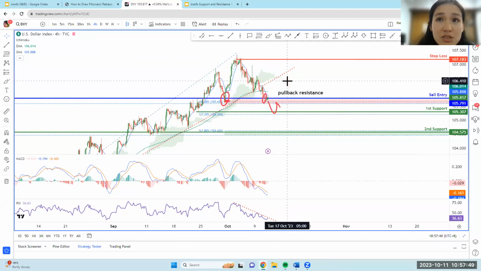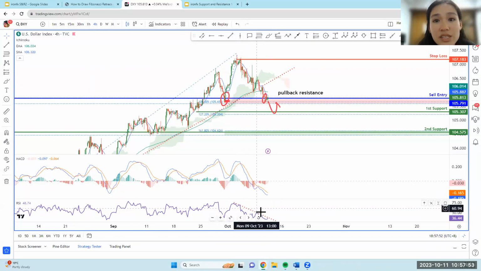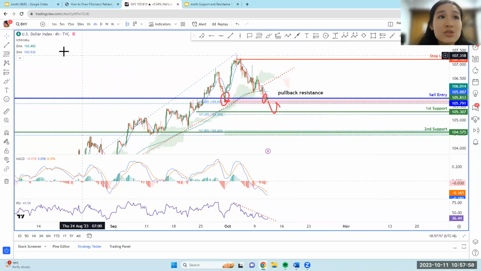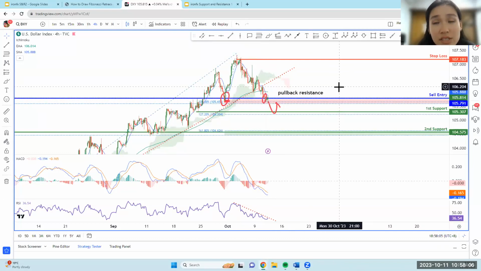Ichimoku: price is moving below the cloud. RSI is moving in this descending trend line. If I use the EMA and SMA, it's also moving below the indicators. So all of our indicators and our graphical analysis give us a bearish signal.